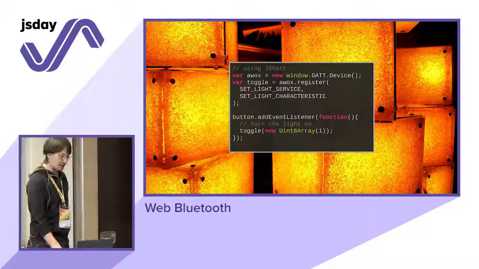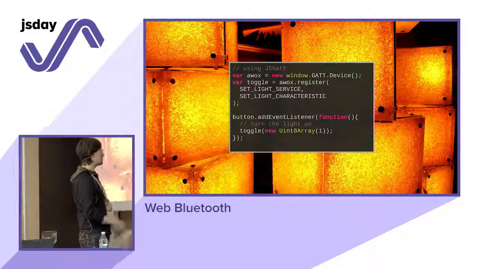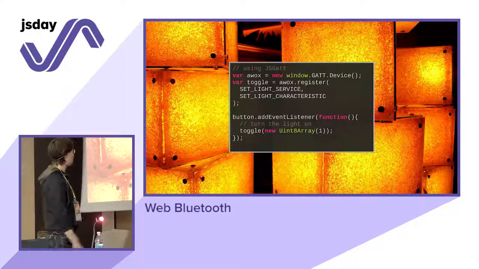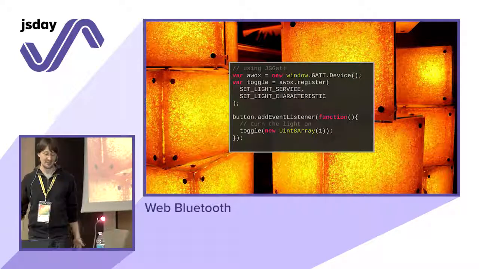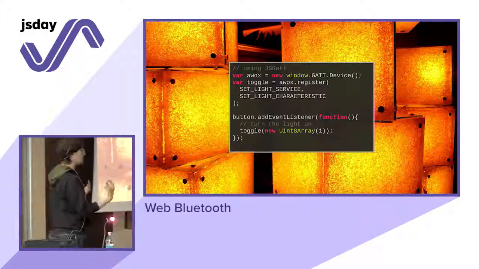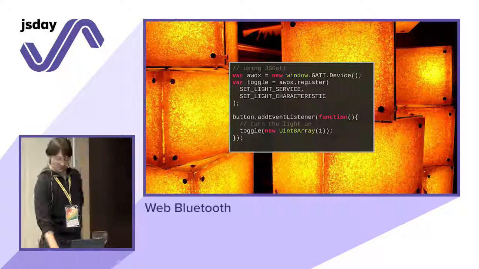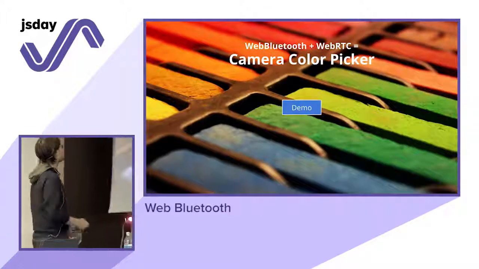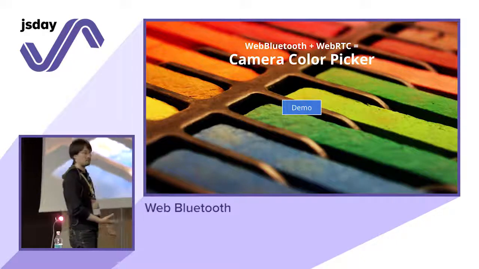Okay, so armed with this information and armed with this new library, which will make our life a little easier, we can start exploring some nice interactions between web Bluetooth and other HTML5 APIs, which is the point of the whole talk. So the first thing is, what if we use web Bluetooth with WebRTC?